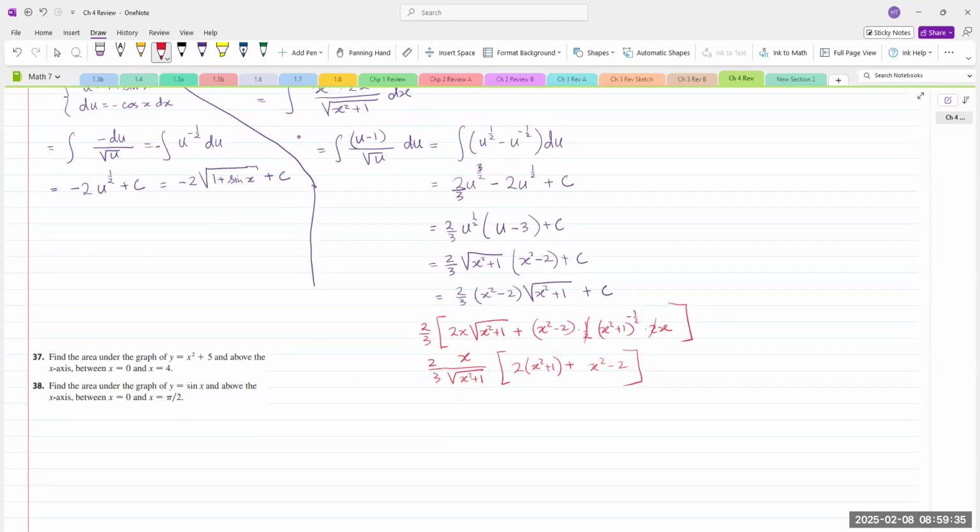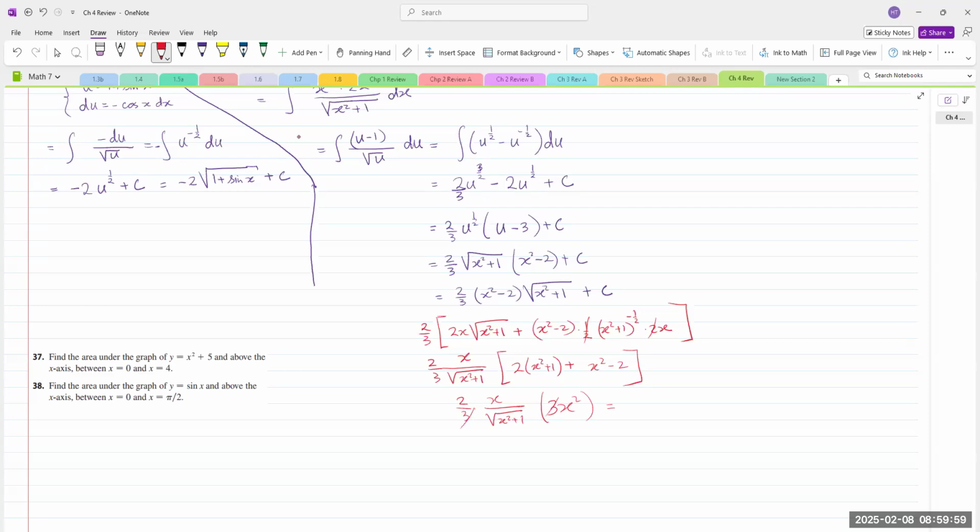Okay, so I have 2 over 3x over square root of x squared plus 1. Inside, 2x squared minus x squared, that's just x squared. 2 minus 2 is that. So this will be, why do I have x? Oh, I have 3x here. Yeah, and then the 3 cancels.